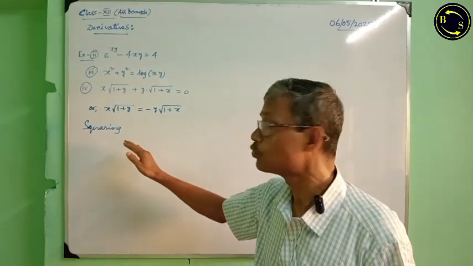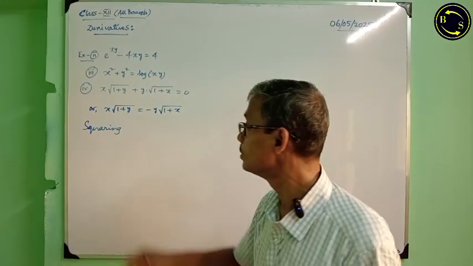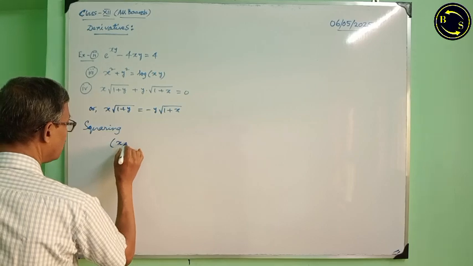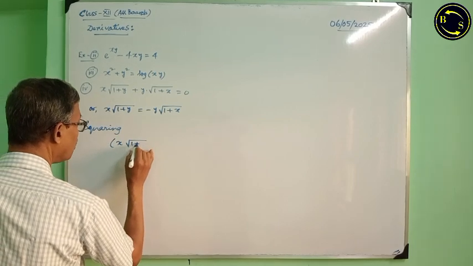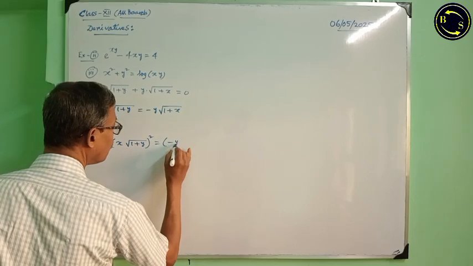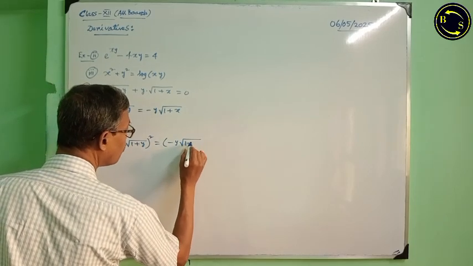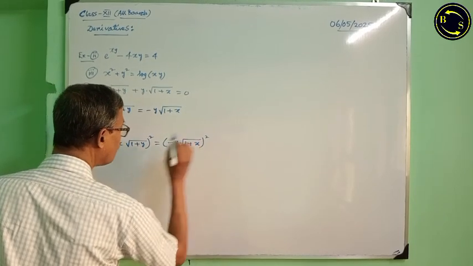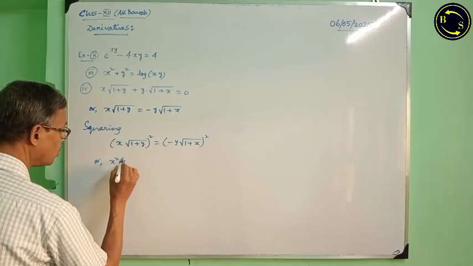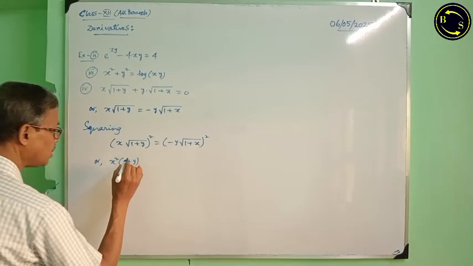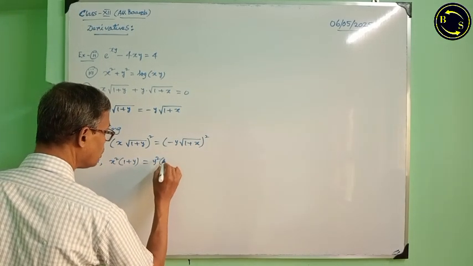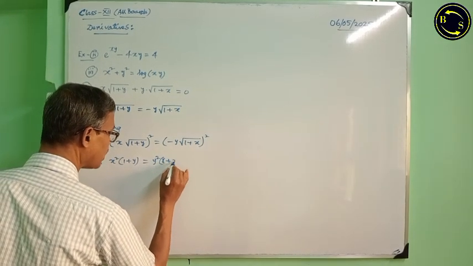Just by writing squaring means squaring both sides. Or x square within brackets 1 plus y is equal to y square within brackets 1 plus x.